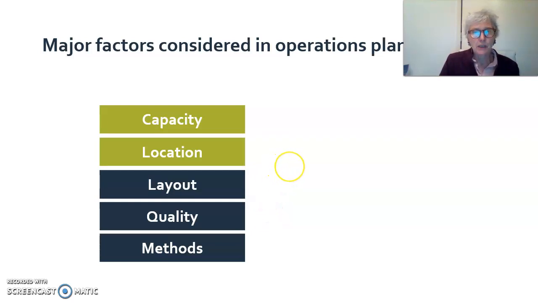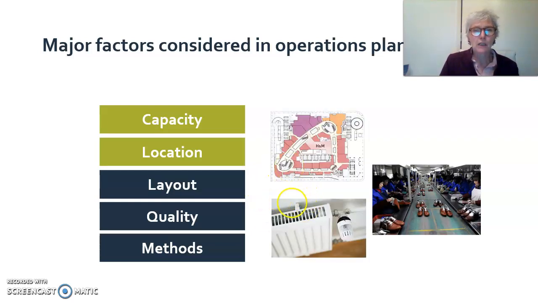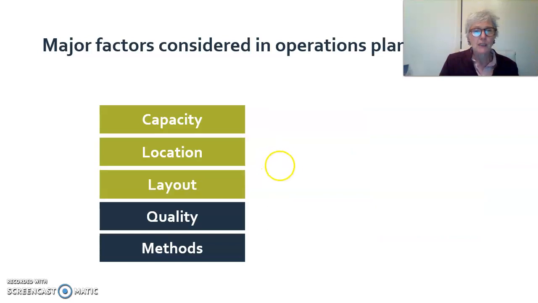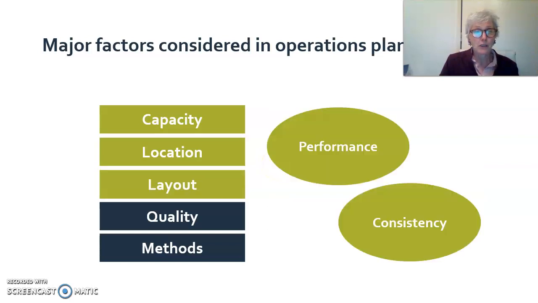Then you have to think about your layout, the layout within your company, how your assembly line is assembled, or how customers, for example in H&M, have to walk through the store to see every clothing you have. Next to the layout question is of course quality. Quality is connected to performance and consistency.